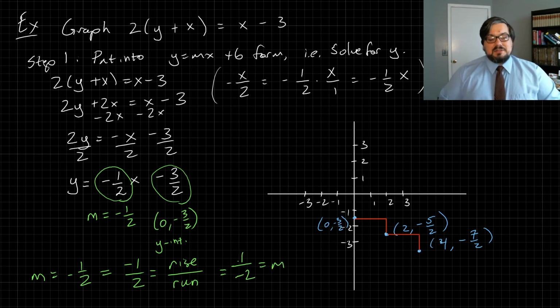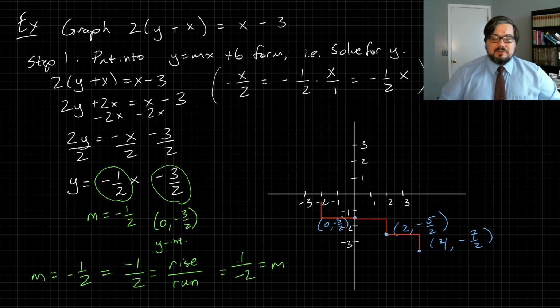In this case, the run is negative 2, so we'll be moving to the left by 2. A negative value here indicates that you want to move to the left rather than the right. And a rise of 1 means we want to move up by 1.